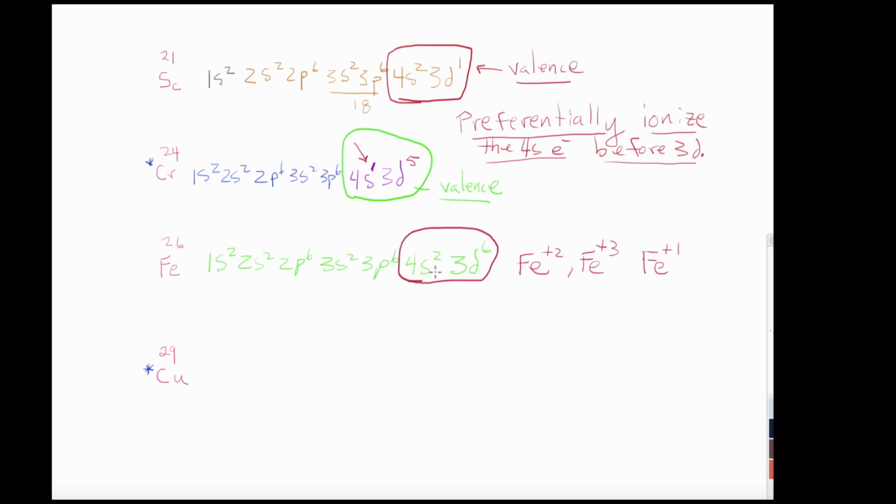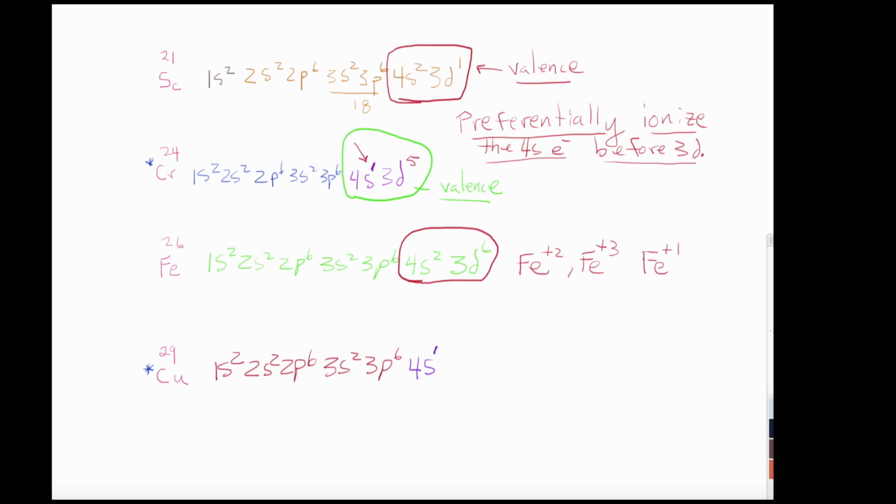Now finally, we'll look at copper. This is going to be 1s2, 2s2, 2p6, 3s2, 3p6. Again, we're at 18 at this point. And then this is one of the exceptions. One of the two exceptions. So this is going to be 4s1.